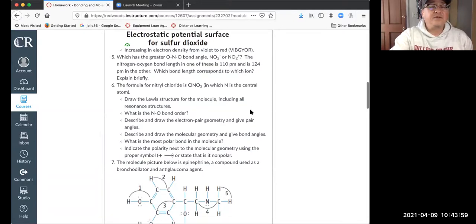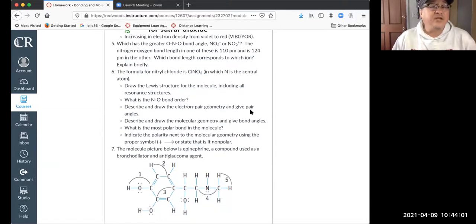Okay, so we're on to number 5, which has the greater oxygen, nitrogen, oxygen bond angle, NO2 -1 or NO2 +1. And then it goes on to say that the nitrogen oxygen bond length in one of these is 110, and then the other it's 124.